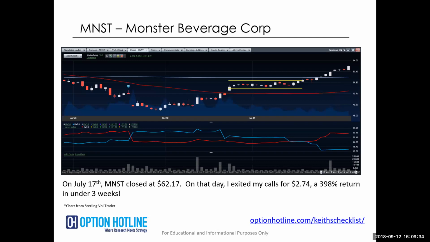Or minus some commissions and fees. So just under $219, but without commissions and fees, $219 per contract. That's a really nice reward for taking a swing trade when a stock rallies from 57.5 to 62. So the stock moved less than 10%, the options move 400%.